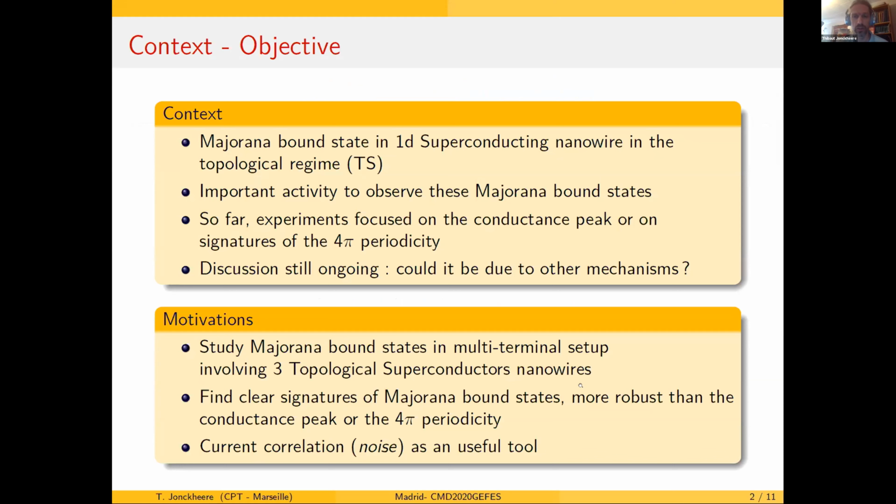Here we study a setup which has three topological superconductor nanowires. We want to find original signatures of Majorana bound states, maybe more robust than the typical conductance peak or the 4π periodicity. And I will show that considering current correlations, also called noise, rather than simply current, is a very useful tool for this.